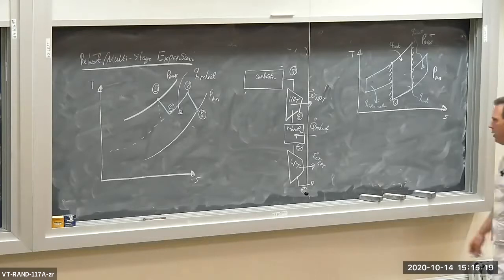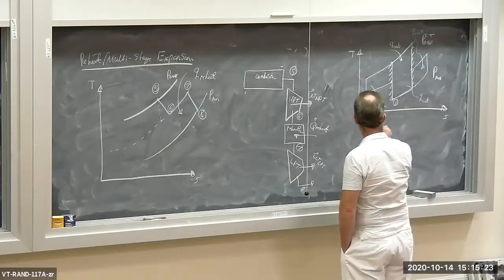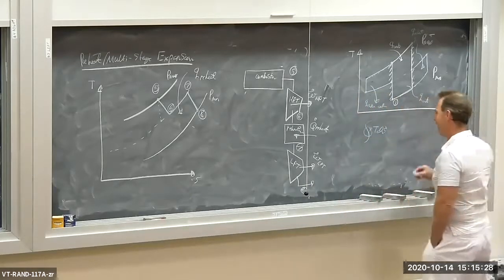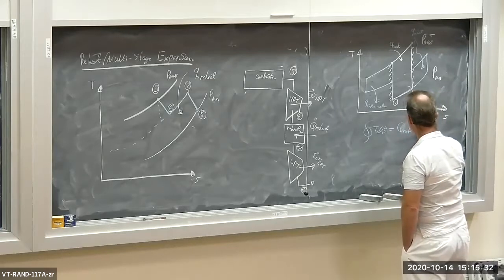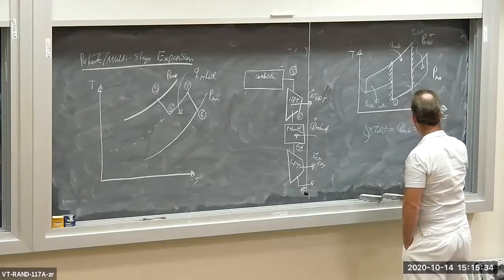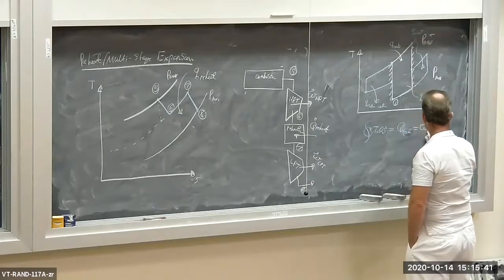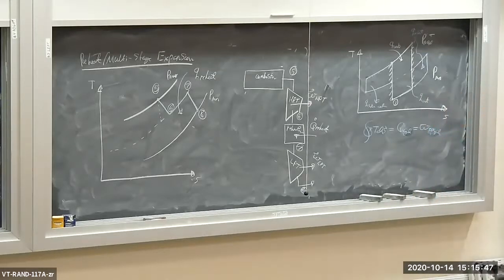Recall the area bound by the T ds curve is equal to the net heat, Q net, which is equal to the cycle work. It's actually Q cycle, which is equal to the cycle work. Okay, we developed this when we talked about cycles just a week ago.